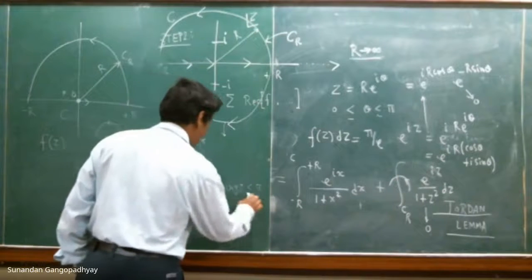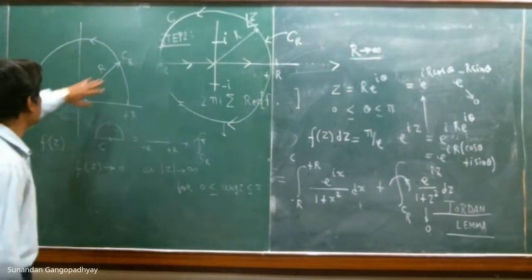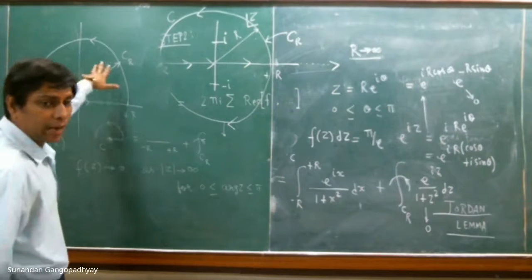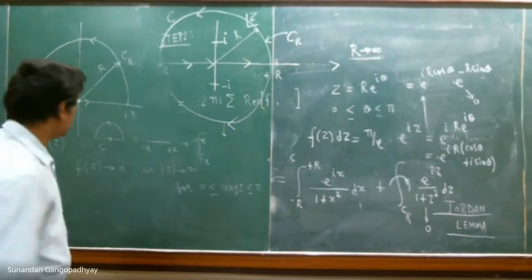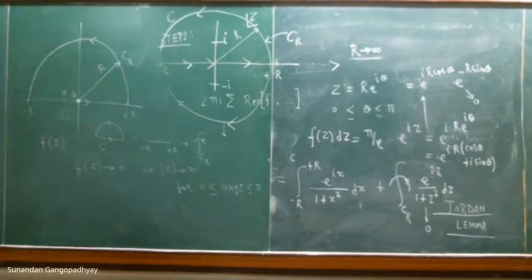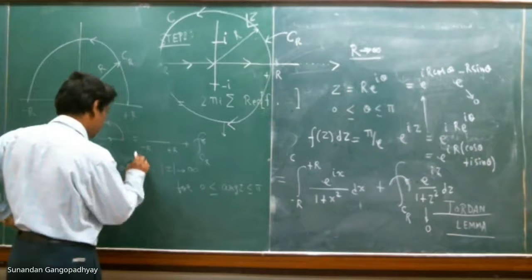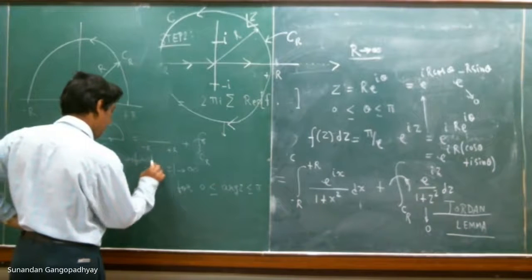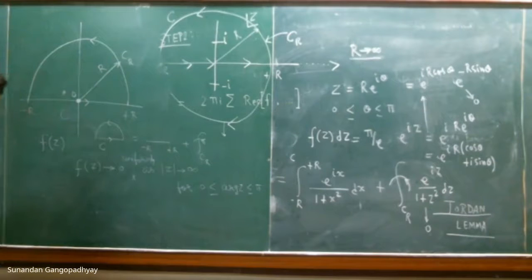Okay. So this is the second condition that f(z) satisfies. First condition is that f(z) can have a finite number of isolated singularities in the upper half plane, and f(z) tends to 0 uniformly, so let me write this also, uniformly as mod z tends to infinity.